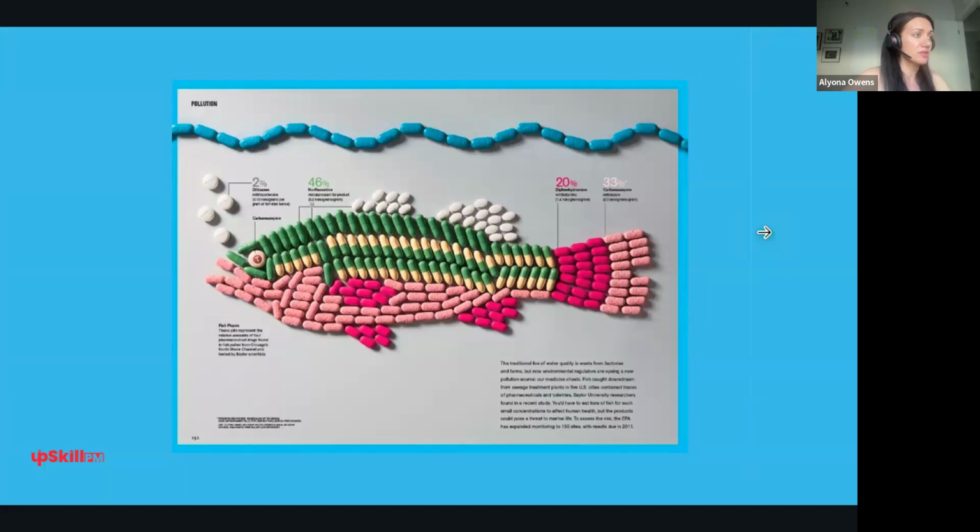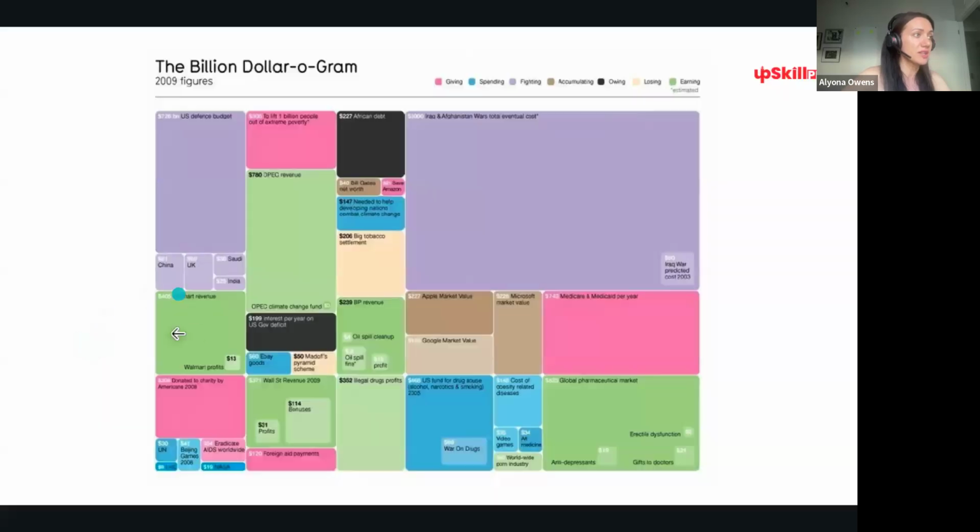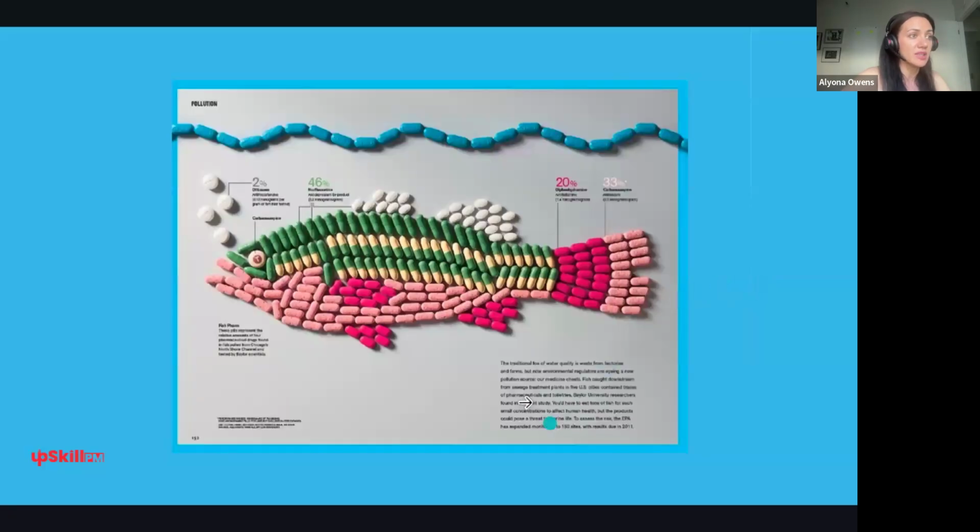So here's another one. It's a visual, and another thing we could say here is that it's kind of blurry, hard to read. But with this one, it's almost impossible to read, and it's on purpose as an example. The traditional something of water quality is waste from factories and farms.